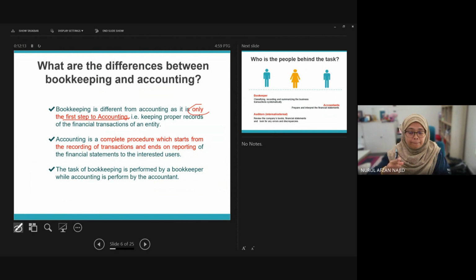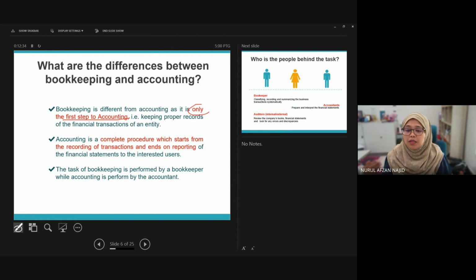Okay, tetapi bila mana saya explain tadi berkenaan dengan accounting, it is a more complete procedure, which starts with identifying, measuring, okay, then recording.